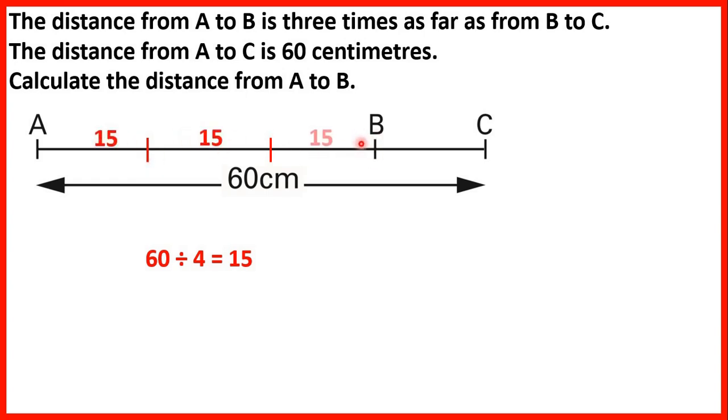So from A to B, we have 3 15s, and 3 times 15 is 45. So the distance is 45 centimetres. Then the distance from B to C is 15 centimetres, and 45 is 3 times 15. But 45 and 15 still add up to 60.